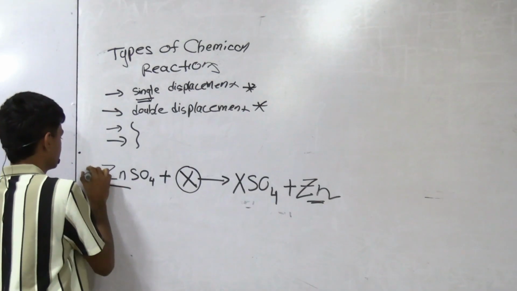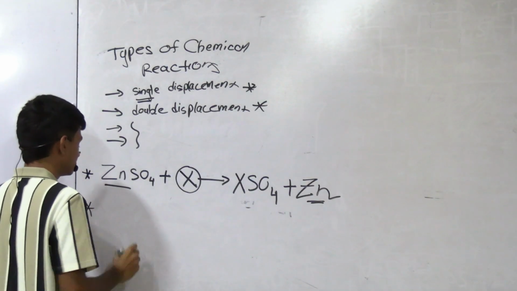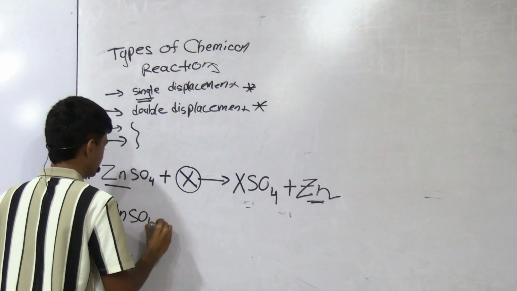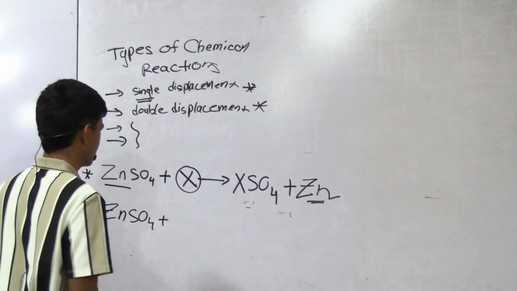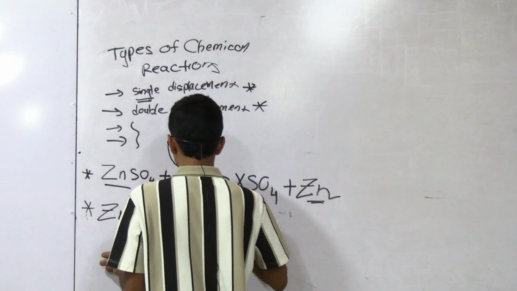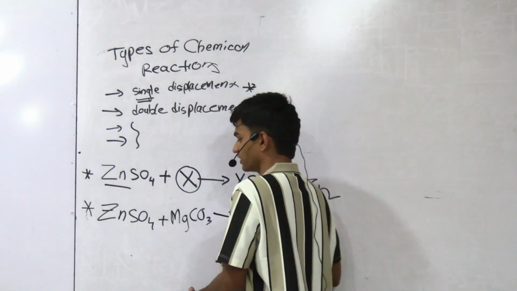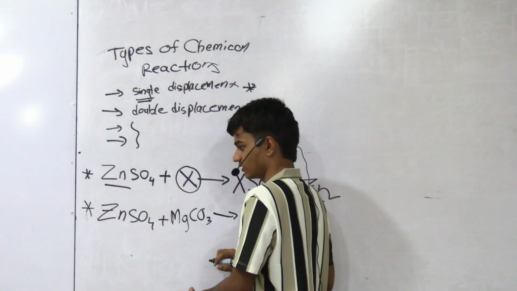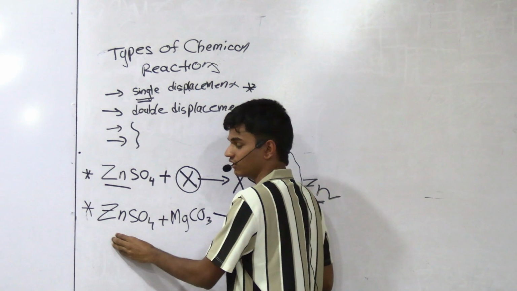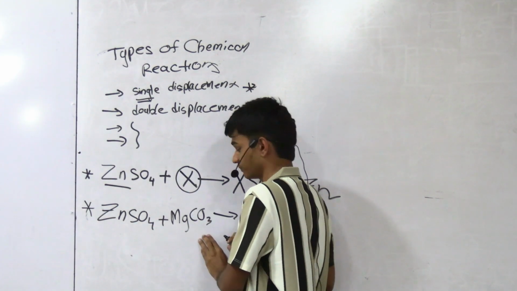But for you guys to understand it more clearly, I'll give you a double displacement reaction. Like we'll have zinc sulfate again react with something like magnesium carbonate. So here basically what happens is magnesium kicks out zinc out of sulfate and zinc kicks out magnesium out of carbonate.